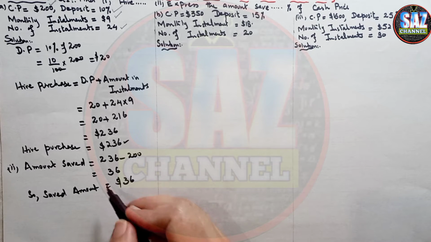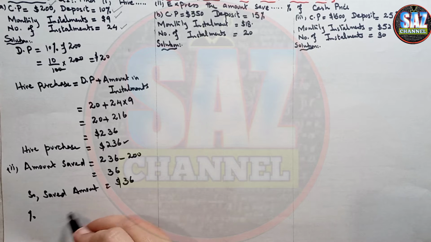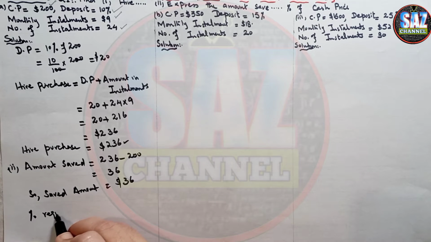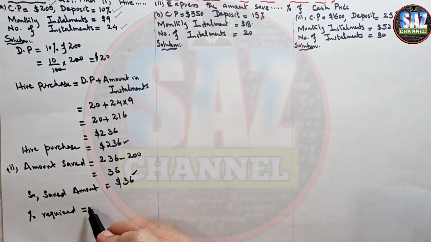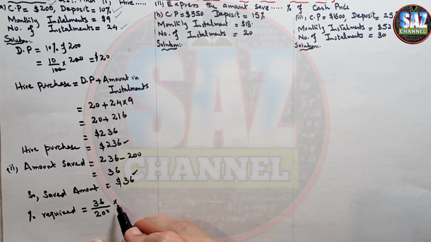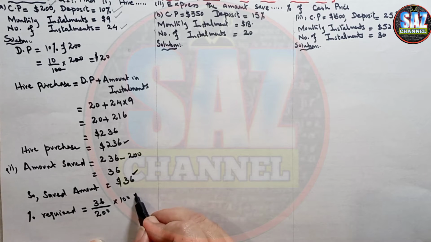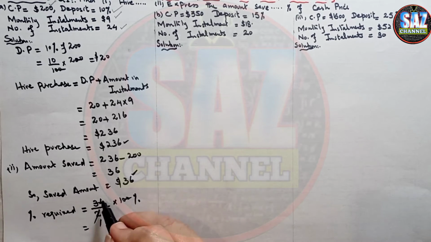Now we have to find the percentage. So the required percentage will be equal to the saved amount, 36, upon the original or cash price, which is $200, multiplied by 100 percent. Zeros can go, and 2 ones are 2, 2 18s are 36, so 18%.